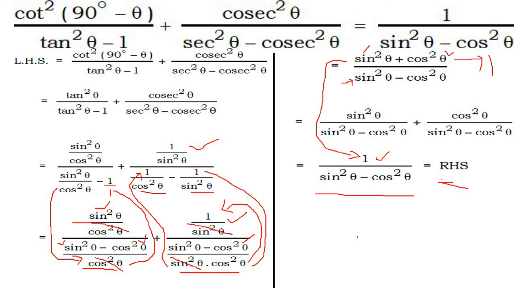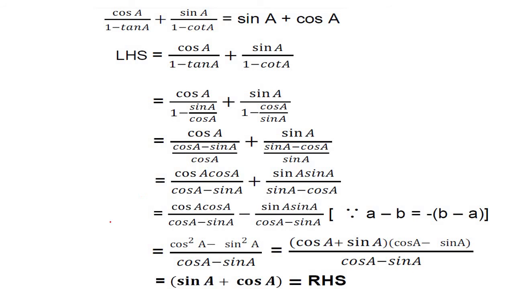Let us move to next problem. Cos A divided by 1 minus tan A plus sin A divided by 1 minus cot A is equal to sin A plus cos A. Let us write the LHS as it is. Cos A as it is.